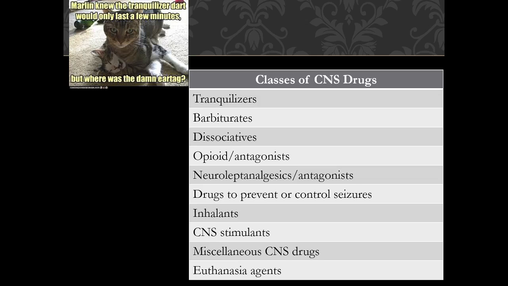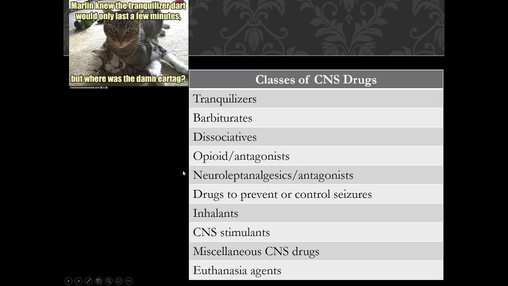Classes of CNS drugs. Now here's where we're going to start to put our flashcards into different categories. We need flashcards for tranquilizers, barbiturates, dissociatives, opioid agonists, opioid antagonists, neuroleptic analgesics, and drugs that prevent or control seizures, so anti-seizure medication, inhalants, CNS stimulants, miscellaneous CNS drugs, and euthanasia agents.